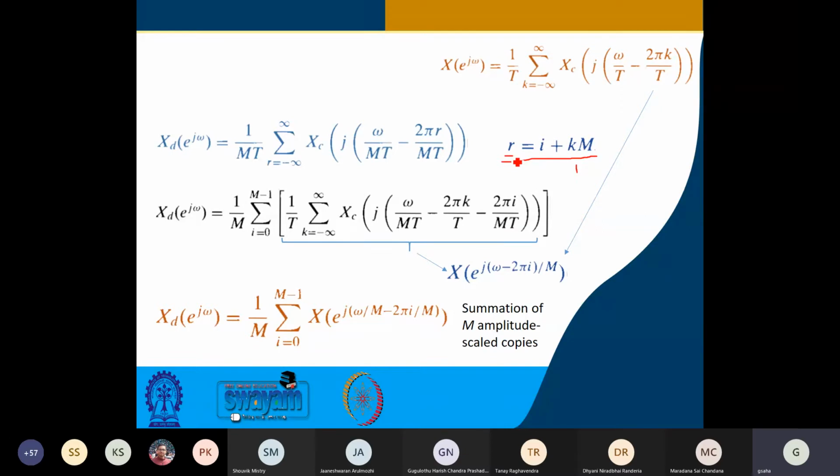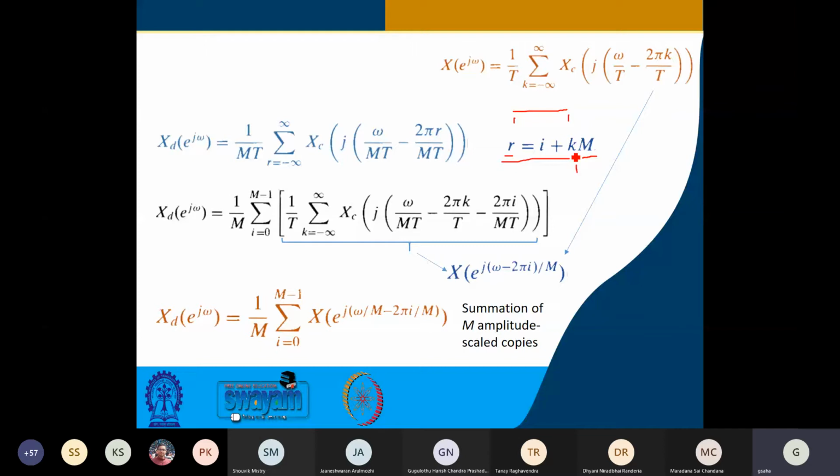Please understand this part. If I write r is equal to i plus k M, and I have a summation to be done where r goes from minus infinity to plus infinity, all integer values, then with k equal to 0 and i varied from 0 to M minus 1, that covers 0 to M minus 1.